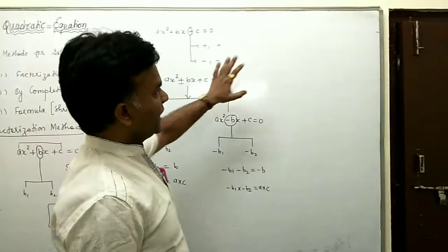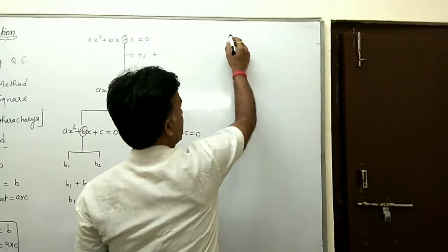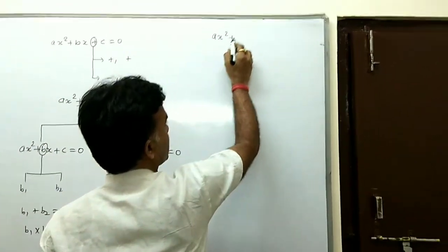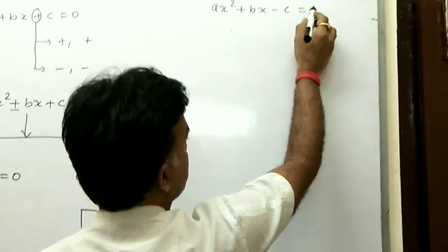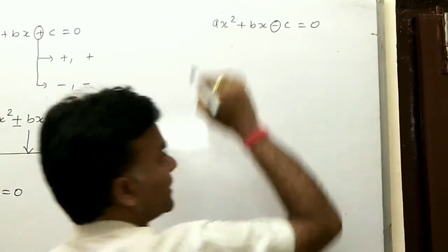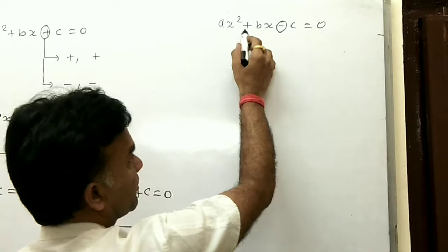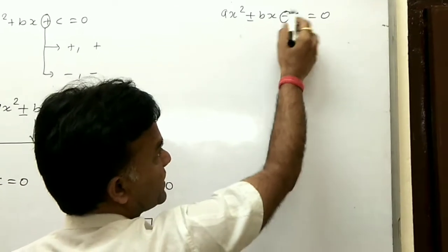Now we have the second case, where our quadratic equation is ax square plus bx minus c equal to 0, because now the constant term's sign is negative. The middle term may be plus or minus, but the last value is negative.